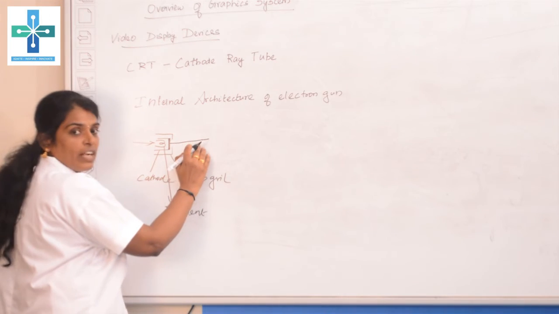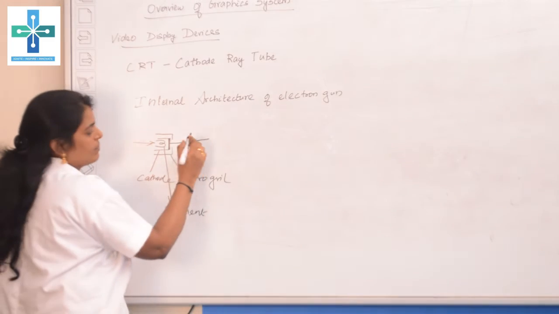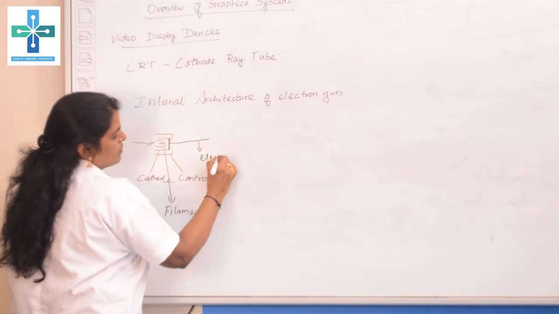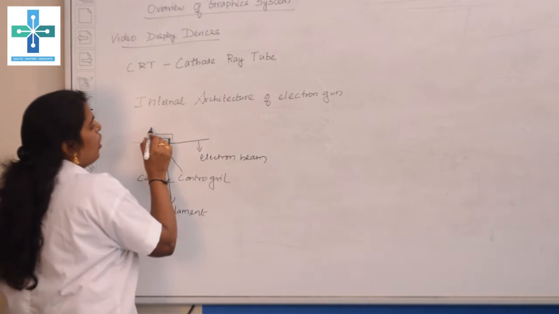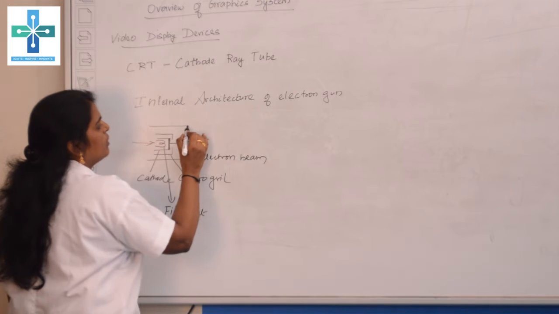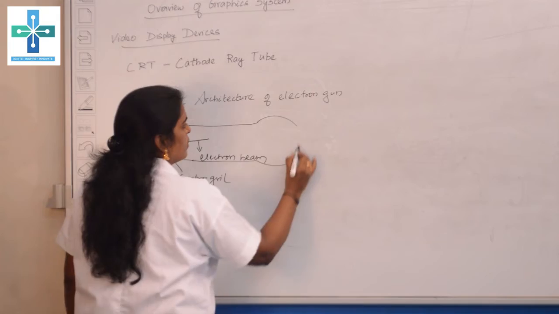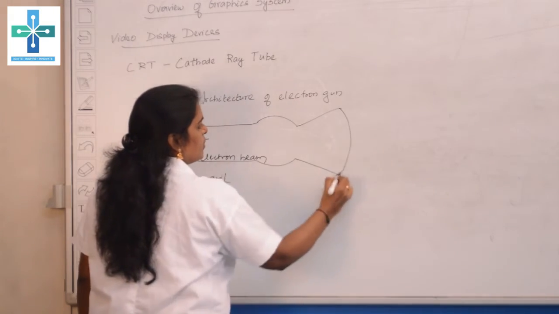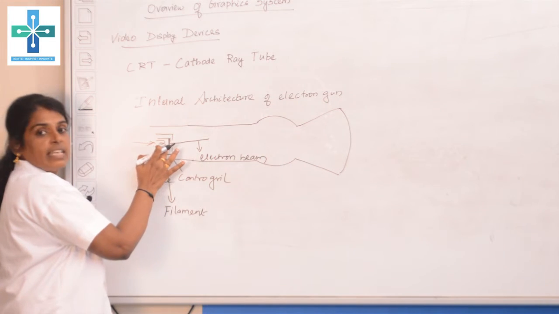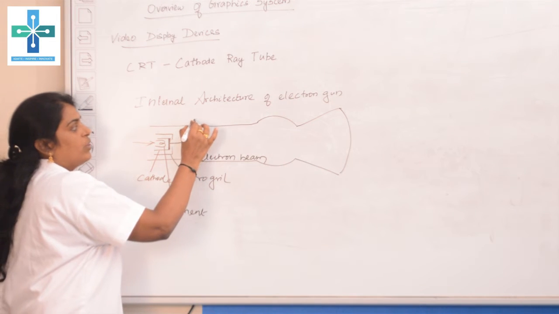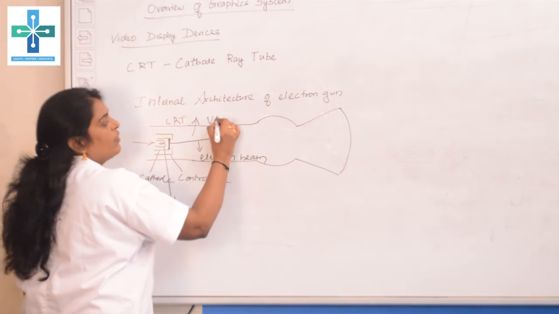These burned out electrons are said to be your electron beam. Because of the heat ejected by this cathode, the CR tube will be fully filled with vacuum.